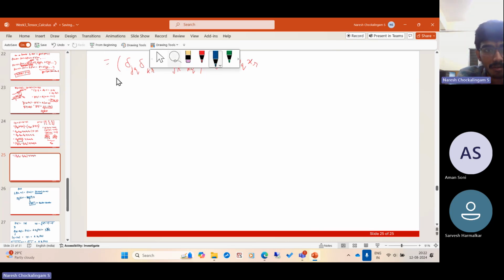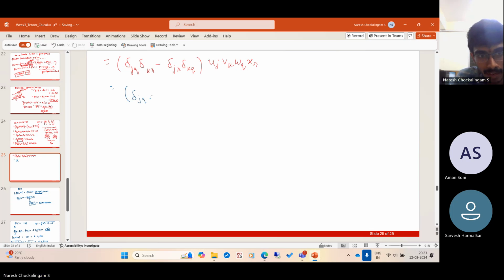Now expand this out. Multiply these terms inside. So you get delta jq, delta kr, uj, vk, wq, xr minus delta jr, delta kq, uj, vk, wq, xr. So delta jq is 0 if j is not equal to q.